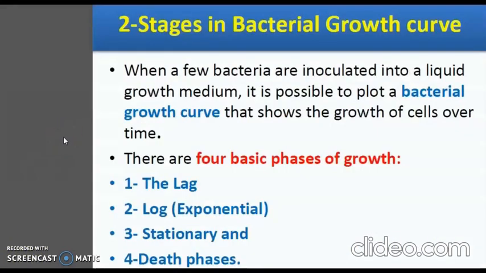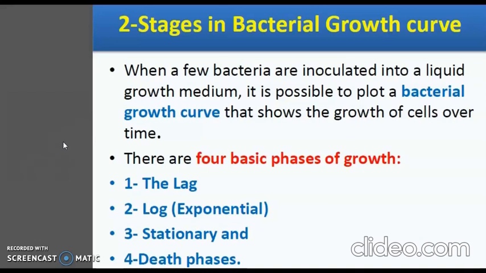When a bacterium is seeded into a suitable liquid medium and incubated, its growth follows a definite course. Bacterial counts are made at intervals after inoculation and plotted in relation to time. A growth curve is obtained, and the curve shows the 4 basic phases of growth.